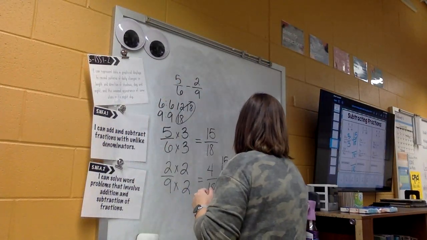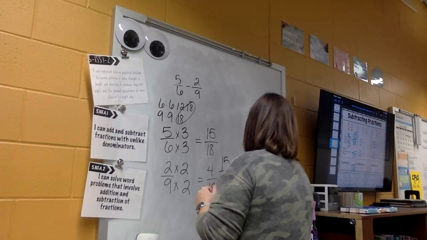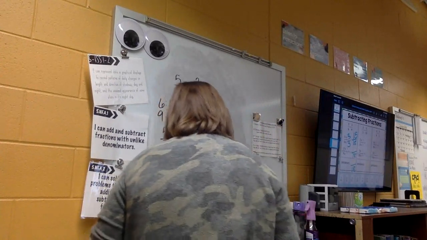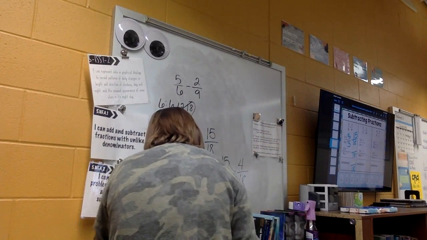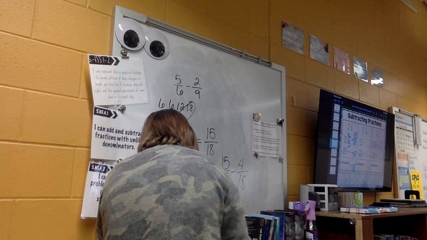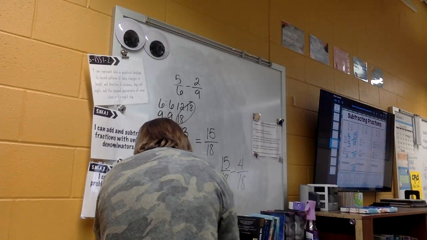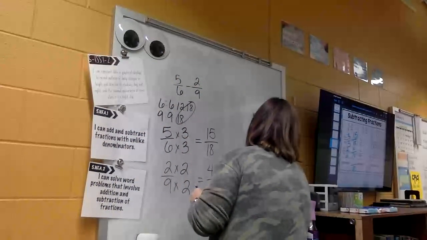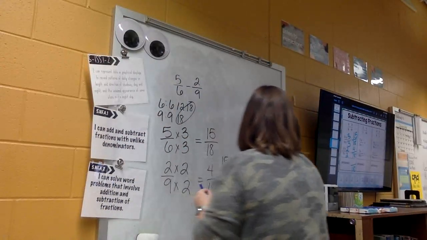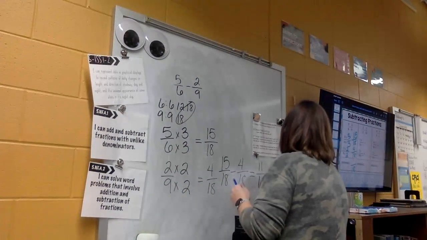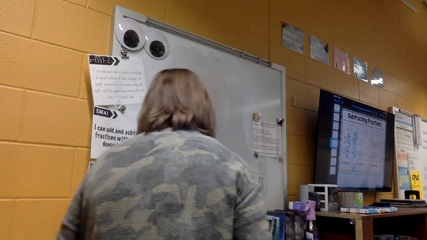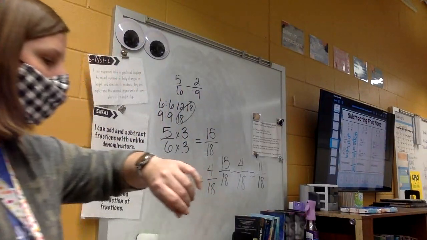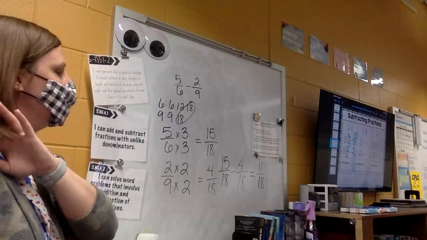So now I have 15/18 minus 4/18. I about wrote on my iPad with my dry erase marker. That would have been great. Okay, so 15 minus 4 gets me what? 11. 11/18.